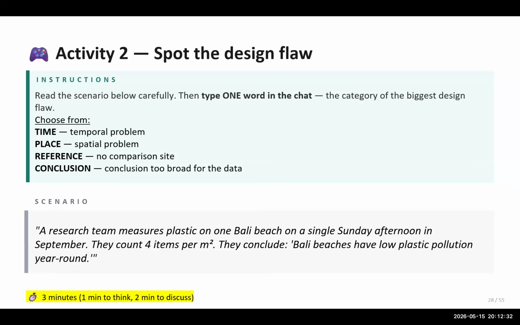But if you only measure a few times and you make a grand conclusion and it's wrong, it's exaggerated, that's the worst thing that could happen in a research project. So this is a good lesson. Even a flawed study, a study with problems, can be useful somehow if the authors, the researchers, are honest about what their data is actually showing. The real danger is when the conclusion goes too far beyond the evidence we have.